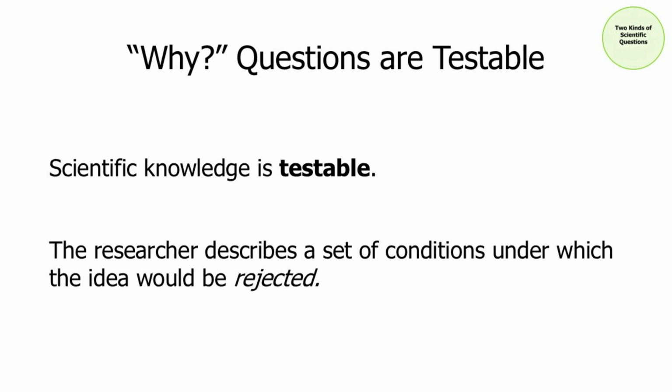If I'm going to test an explanation or a hypothesis, I must also be saying, if I find this set of results, I will reject my idea, or I will go back and reconstruct the explanation, maybe taking the new data into account. A researcher with a testable idea is saying, if I am correct, I will find such and such to be true. If I'm incorrect, I will not find such and such to be true. And therefore, I will say that I'm incorrect if I don't find what I hypothesized to find.